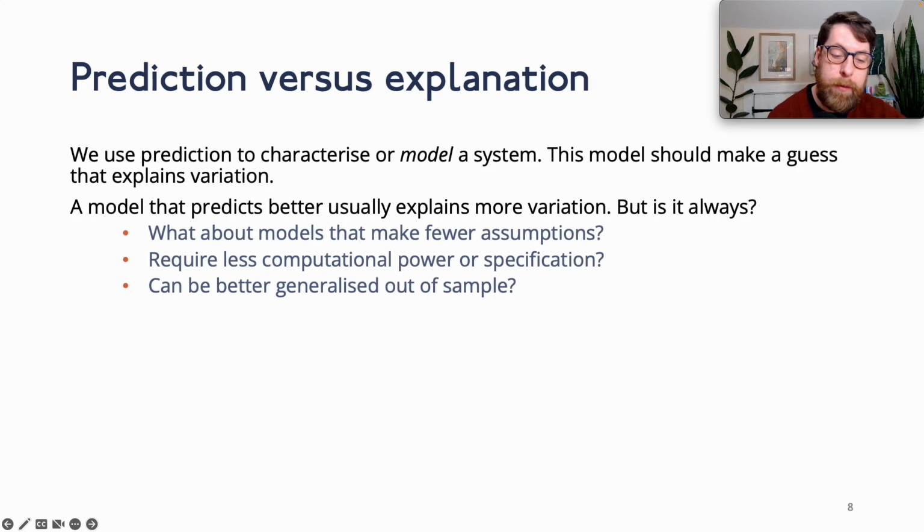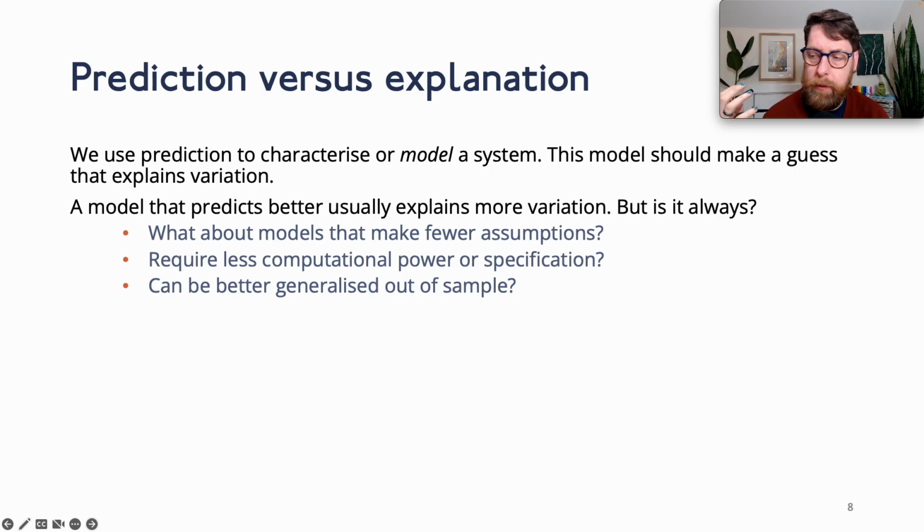You may have one model that makes assumptions about your data, it needs to be normally distributed or whatever. And another model that says it doesn't matter if it's normally distributed, it can be rank order. You can have stuff that's really skewed and it still works just as well. And so that might be one way to say qualitatively, well, this could be a better prediction because it's more parsimonious in that regard.